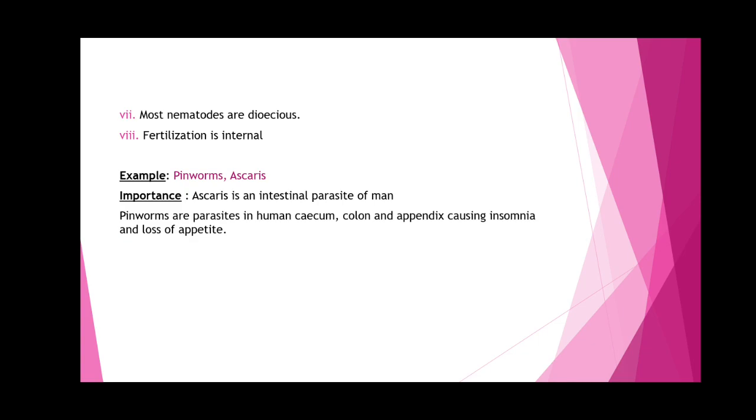Insomnia is a state in which a person cannot sleep properly, and these pinworms also produce an anticoagulant which will not allow the blood to form clots, and hence a lot of blood will be wasted, which results in the anemia of the children.